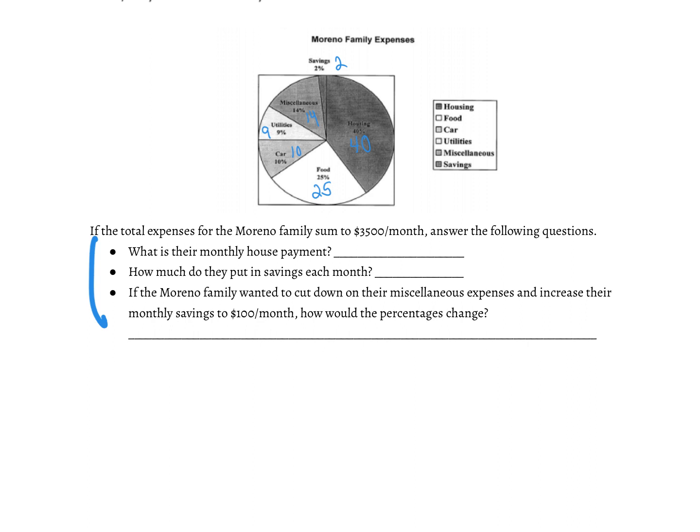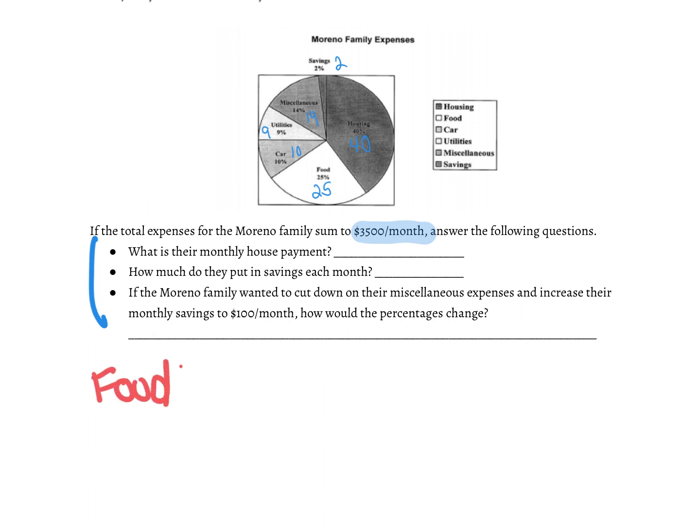Okay, so the first question says, what is their monthly house payment? So that says 40% of their income is spent on their house payment. Okay, we are going to assume, because it says so, that they make $3,500 a month. Okay, so let's say we wanted to know how much do they spend on food?